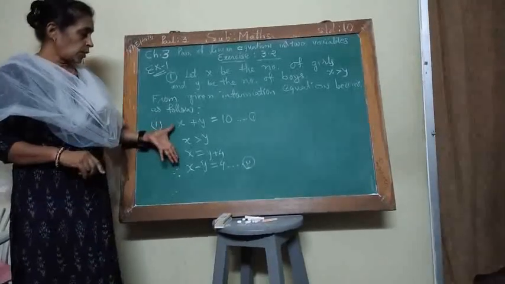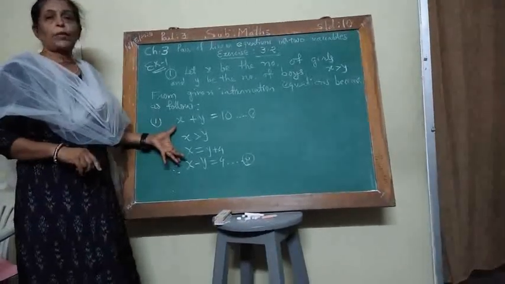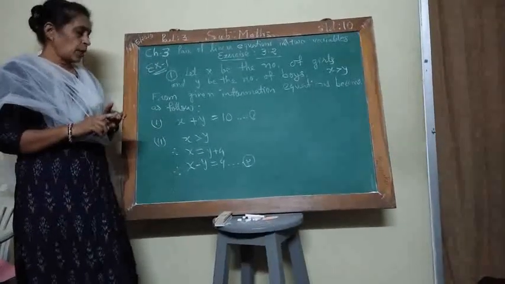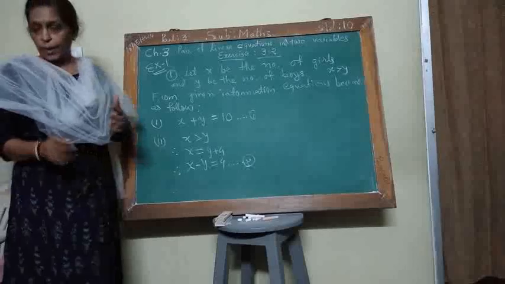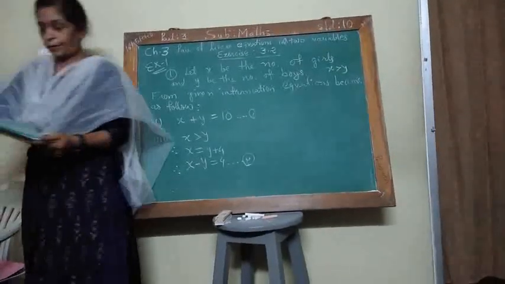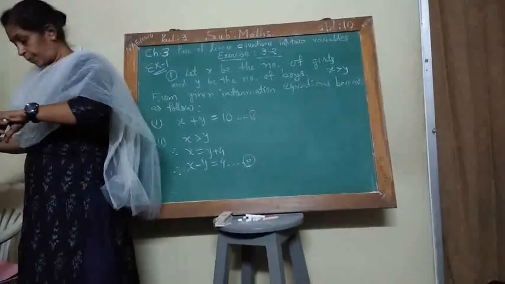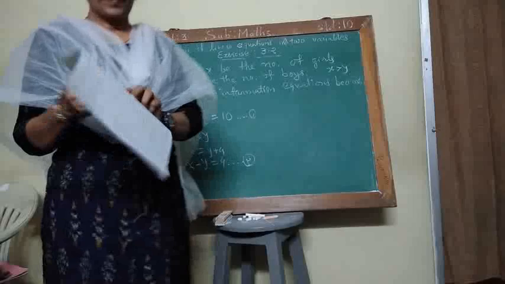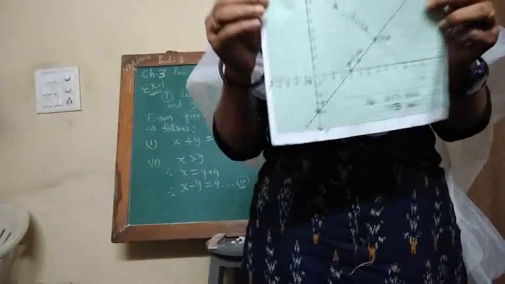And now from these two equations you have to make the tables for drawing the graph. If you draw the graph, it looks like this. I have already drawn it. See, all of you. First of all, I made two tables, and from those two tables I have drawn the graph.